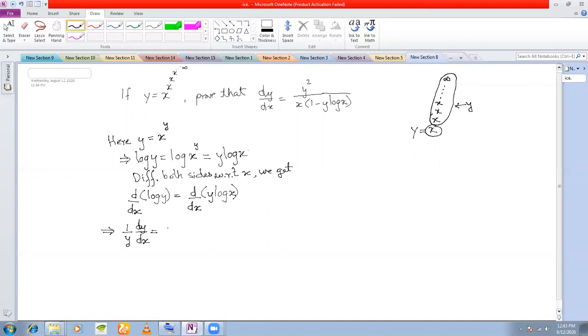And this one you will differentiate by the u into v rule: y d/dx of log x plus log x d/dx of y, which is y into 1 by x, since d/dx of log x is 1 by x, plus log x, and d/dx of y is dy/dx.